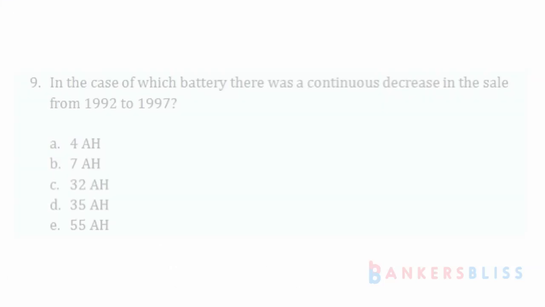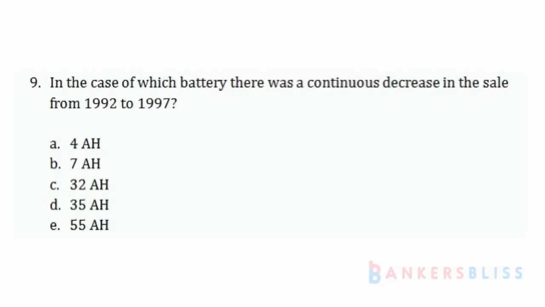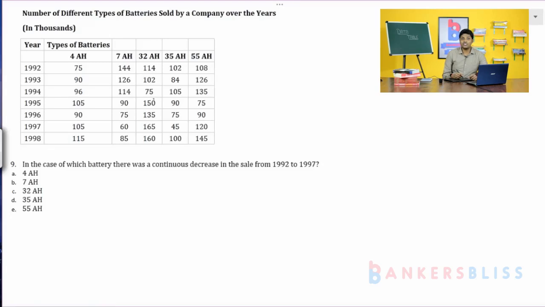Problem number 9. In case of which battery was there a continuous decrease in sales from 1992 to 1997? If you consider from 1992 to 1997, you should not consider 1998.